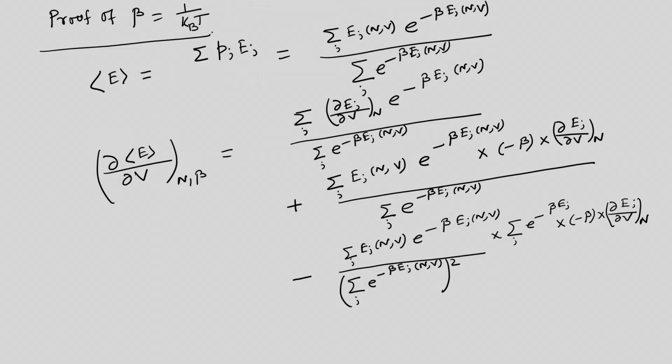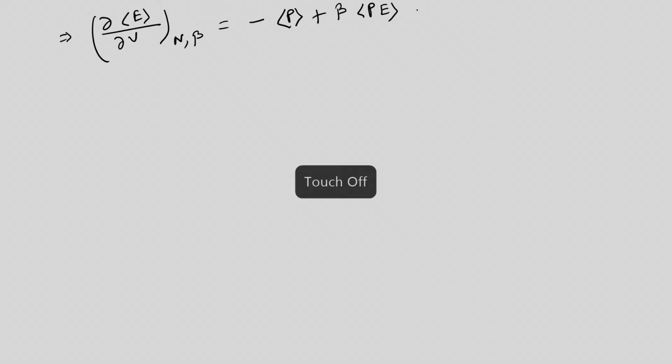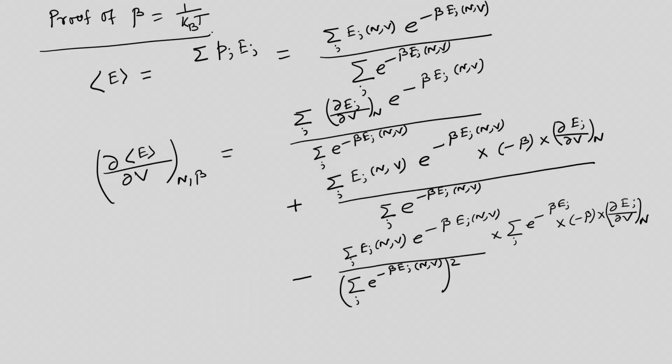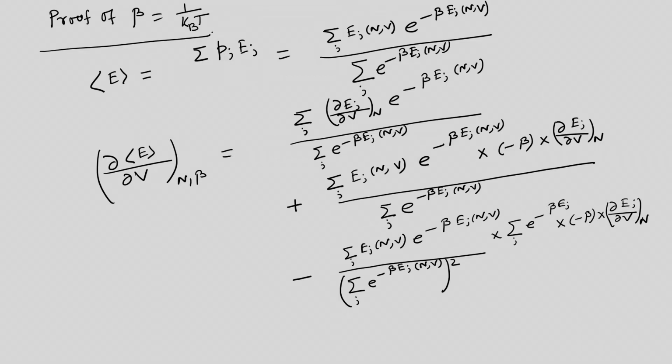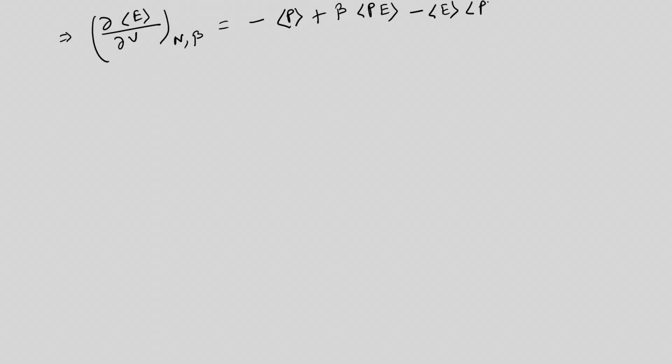Now, if we split the denominator into two different sums of j e to the minus beta Ej term, then the first term gives us the average energy, E average, and the second term gives us pressure, so minus E average minus P average.